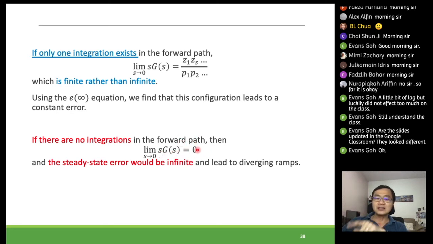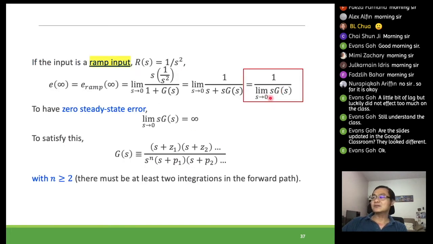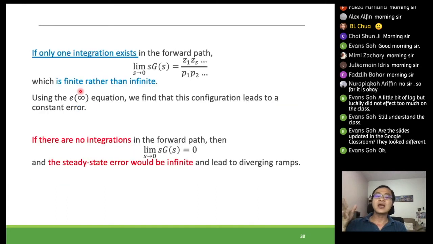When this becomes 0 instead of a finite value, 1 over 0, our error will become infinity. This is where the error continuously increases or diverges from the steady state value.